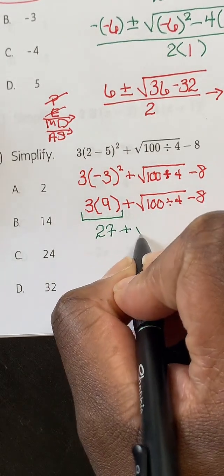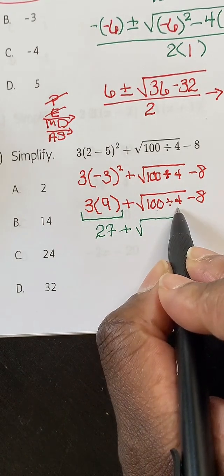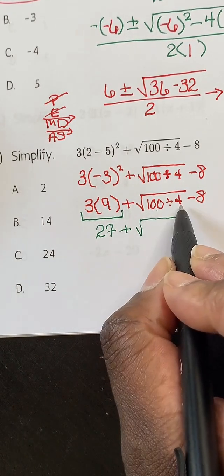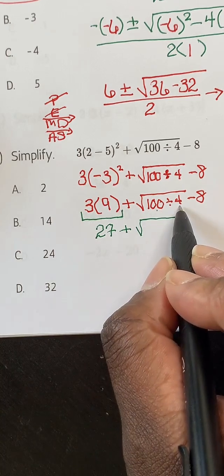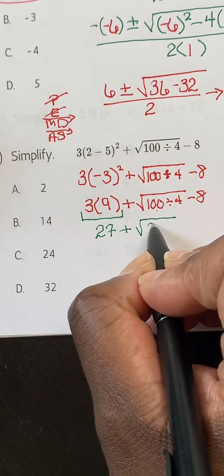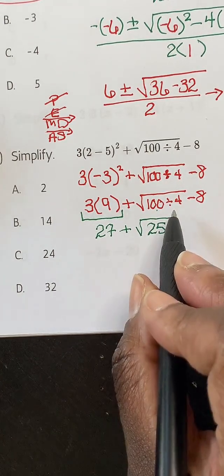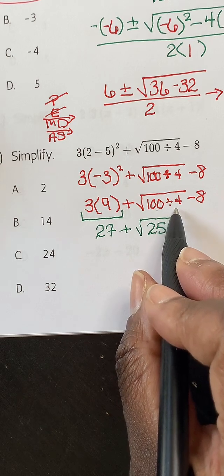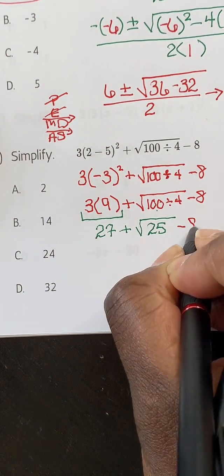And then inside the square root, I have 100 divided by 4. So 100 divided by 4, think of money. Okay, you got $1. You're splitting it into 4 coins. So that's 25 cents. That minus 8 is not under the radical. Okay, so now we're just bringing down the minus 8.